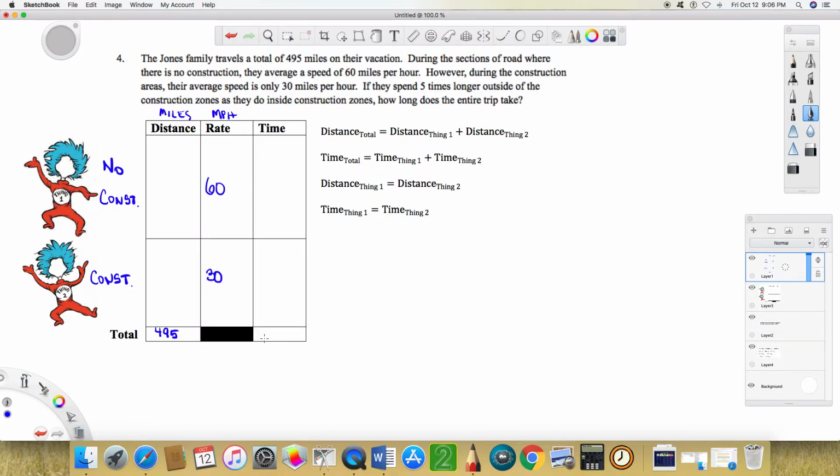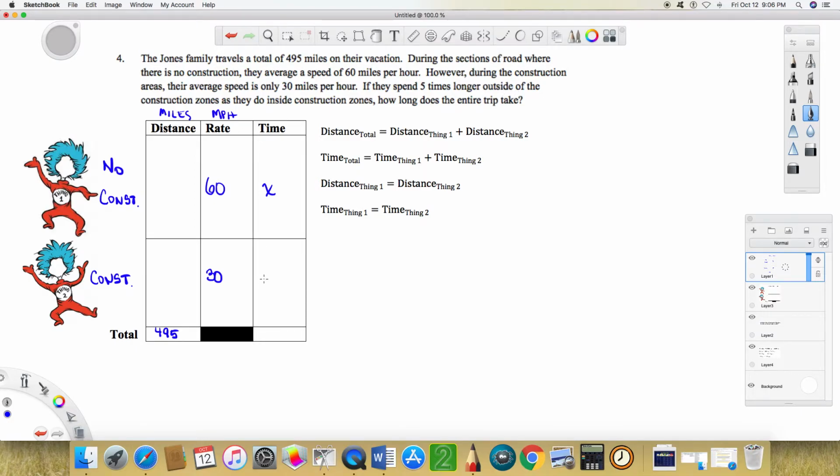I'm going to, however, call X, I don't know, my no construction time. And then it says they spend 5 times longer outside. So you know what?